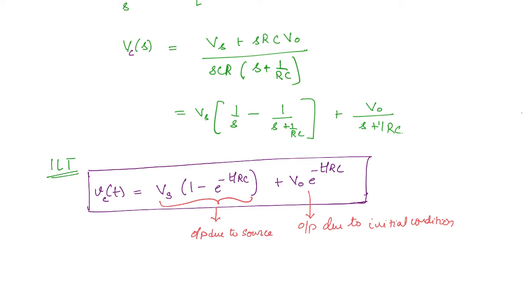So, the output due to initial conditions is often called the natural response, and this is called the forced response, okay. If it is due to initial conditions, it is the natural response. If it is due to the source, then it is a forced response.